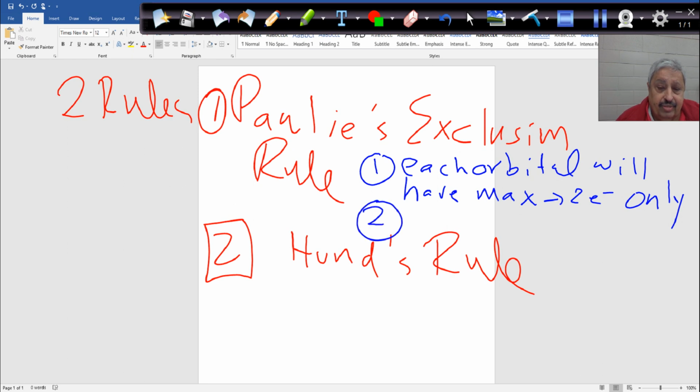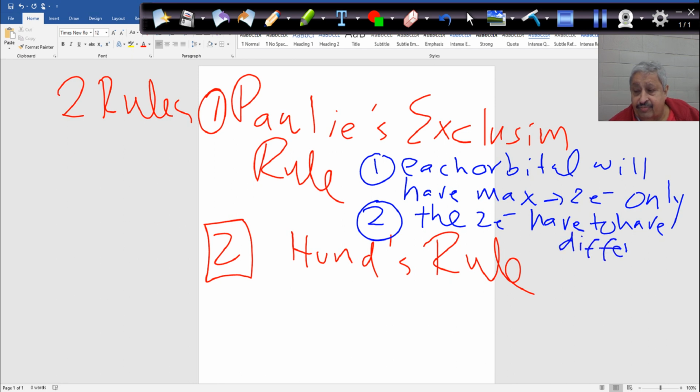Number 2, if you have 2, they have to have different spin. One will spin plus half, clockwise, and one will spin counterclockwise. So the two electrons have to have different spin, one up, one down.